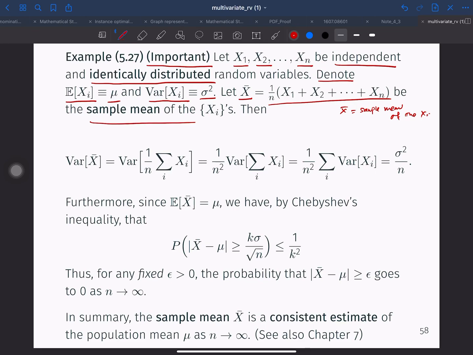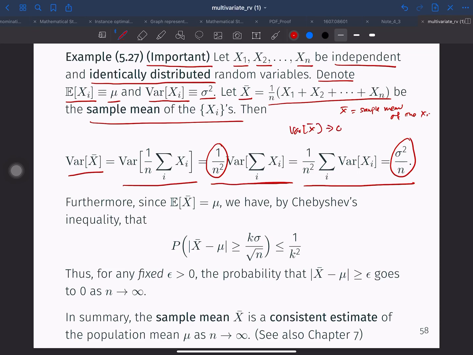As we say here, we can show easily that the variance of X bar, because it's the variance of a linear combination with independent terms, simplifies out: the weight is 1 over n, so you move it out to be 1 over n squared, and you sum over the variances. The covariance term is always going to be 0 because they are independent, and so you can simplify it out to be sigma squared over n. So the variance of X bar goes to 0 as n increases.